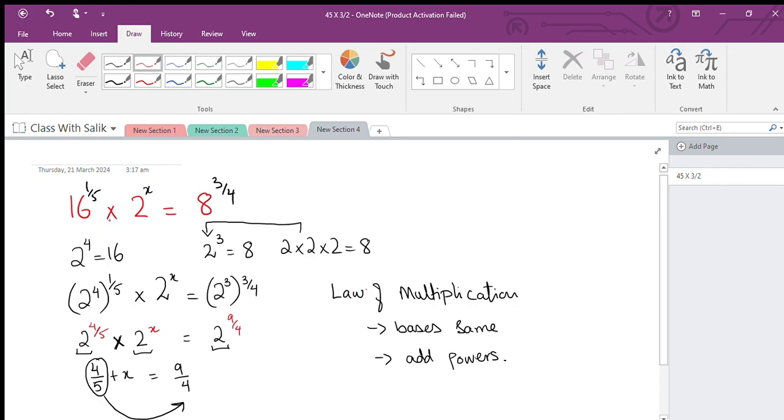But over here, because we have a multiplication sign, we will apply the law of multiplication, and since the bases are the same, we will add the powers, 4 over 5 plus x, and then equate it with the power of 2. So yeah, this is how you will solve this question. I hope it's clear.